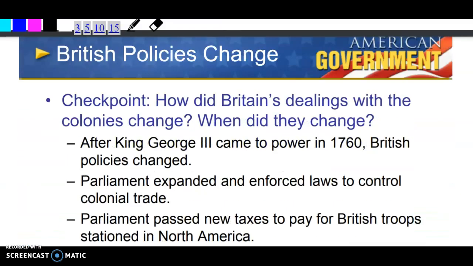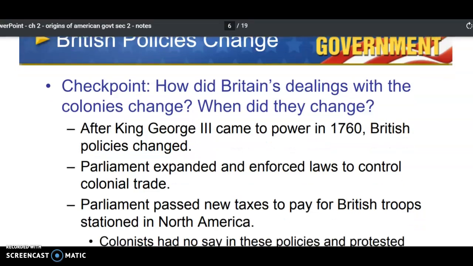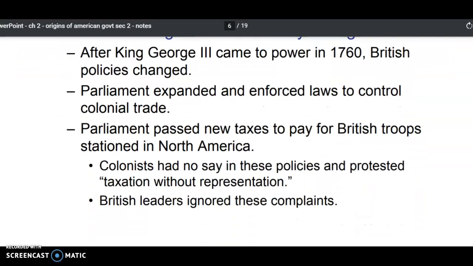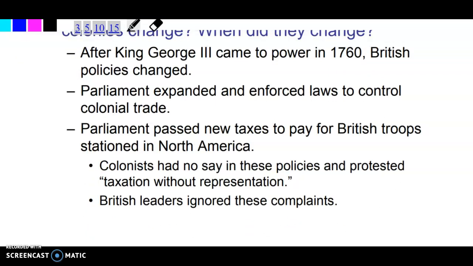Your next heading for your notes should be the British policy changes. So some changes were made, which is what created a lot of the problems.